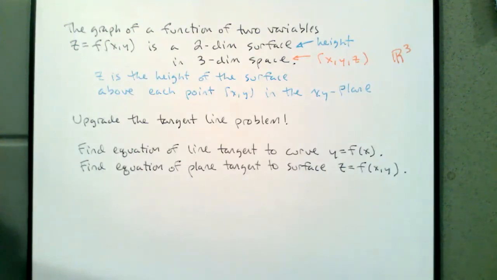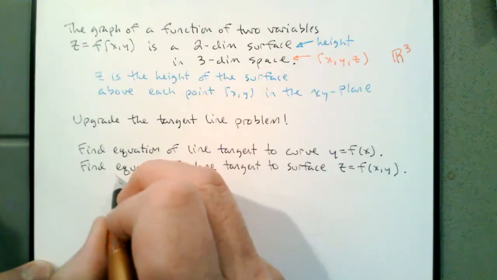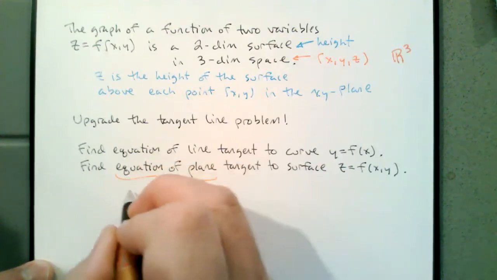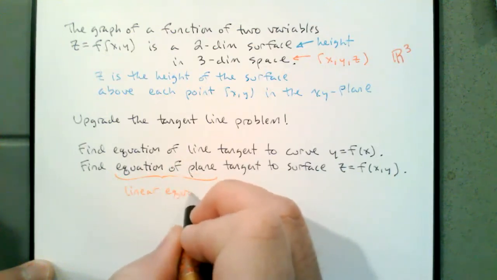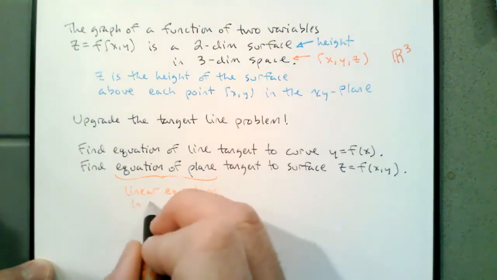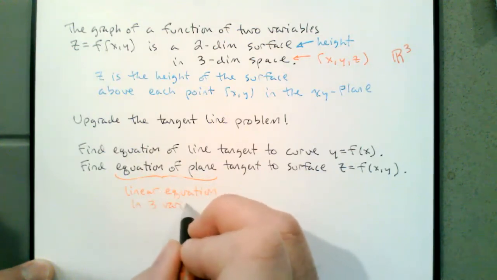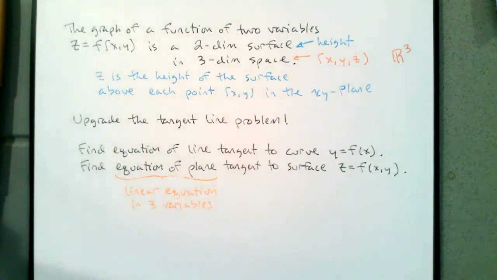So the equation of a plane is going to be our linear equation in three variables, whereas the equation of a line is a linear equation in two variables.